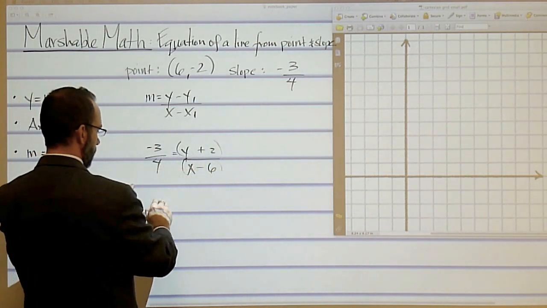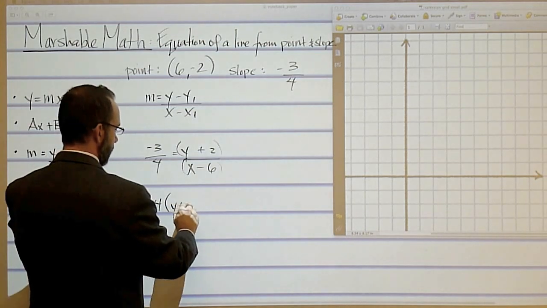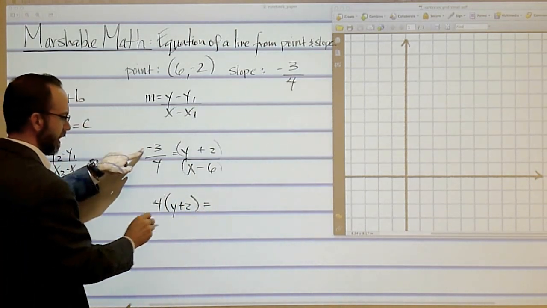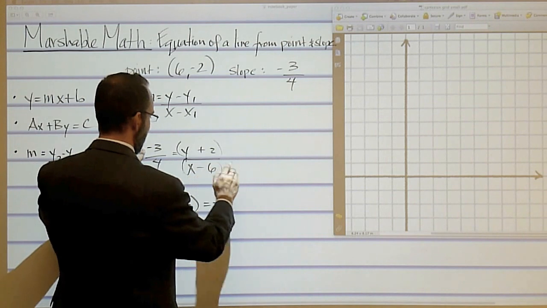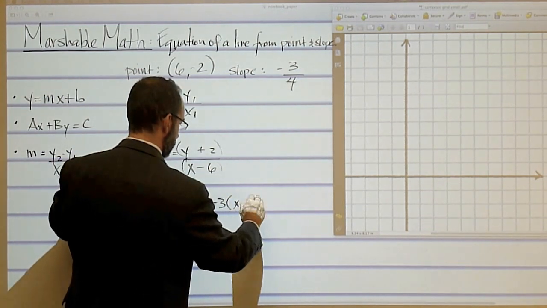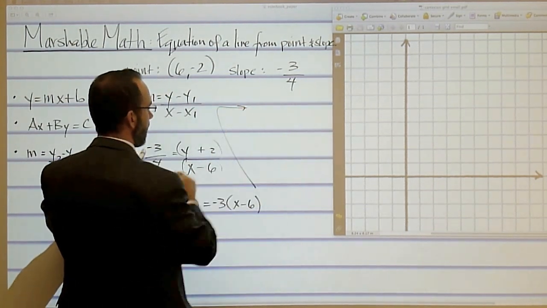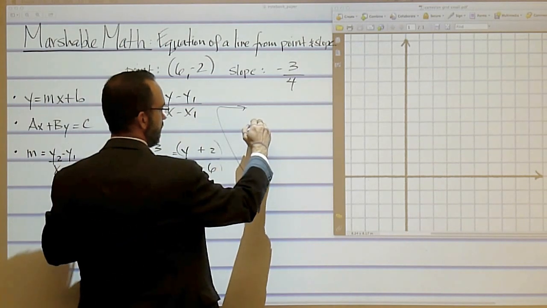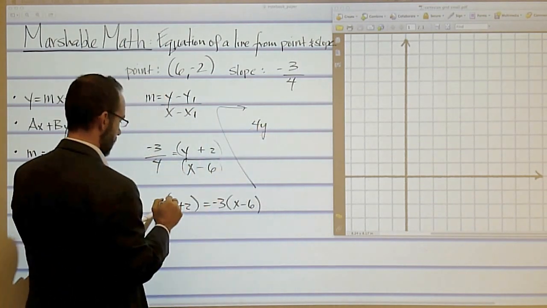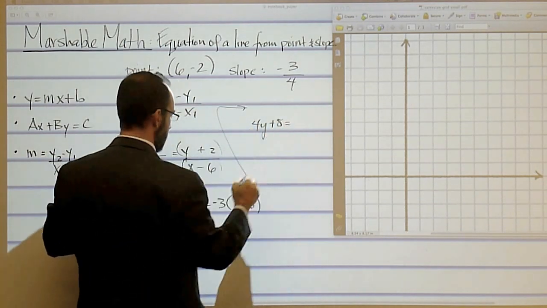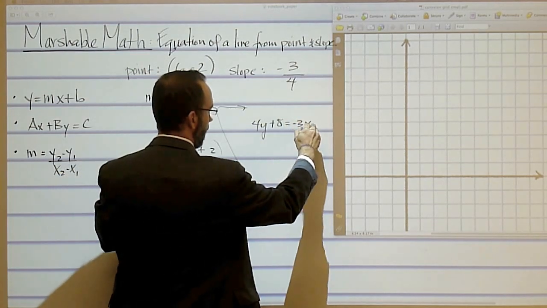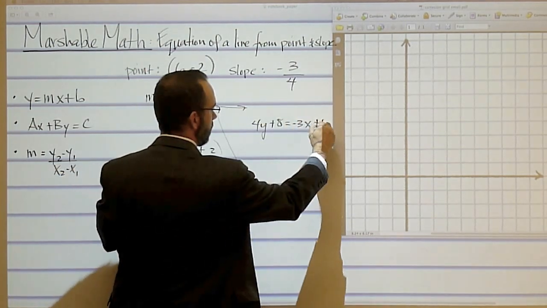So it's 4 times y plus 2 must be equal then to -3 times x minus 6. Okay? Come up here because I'm out of room. So this is now going to be 4y plus 8 equals negative 3x plus 18.